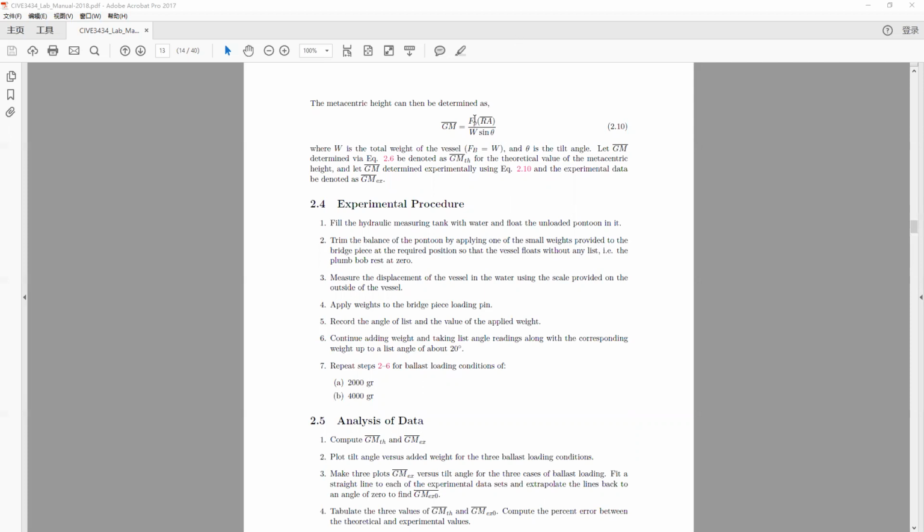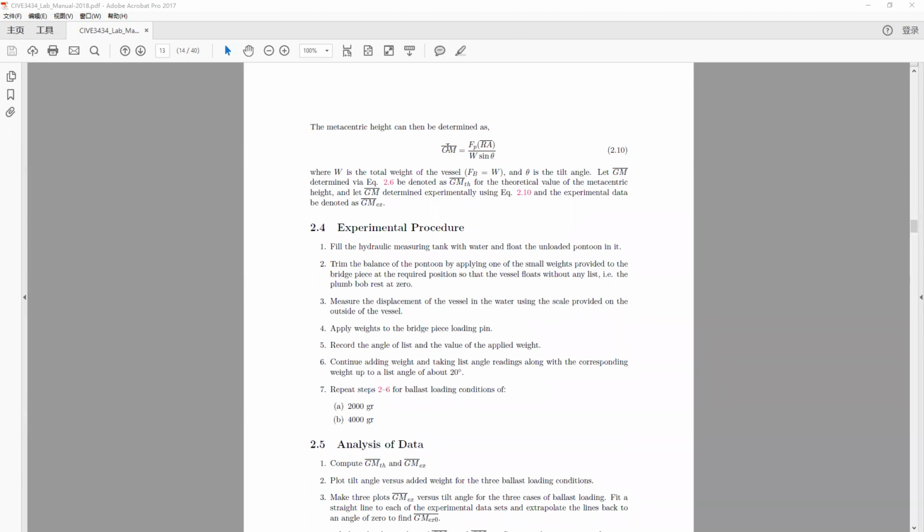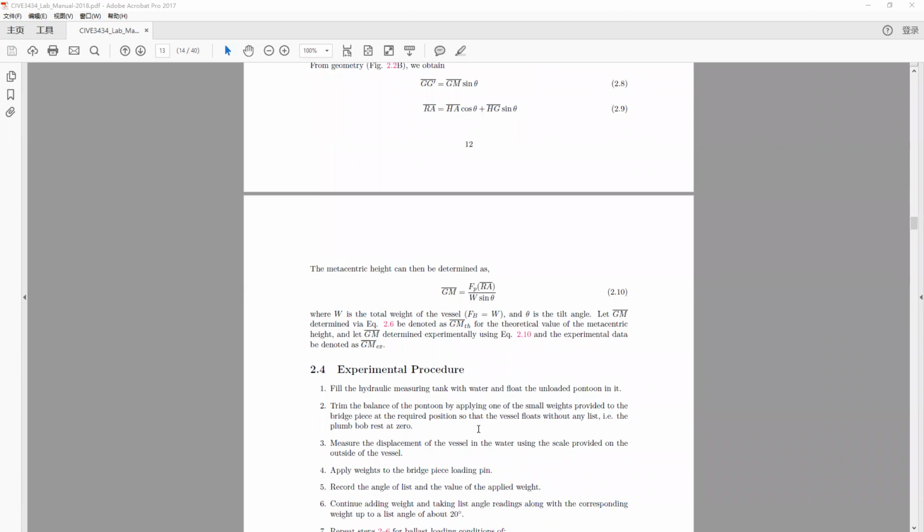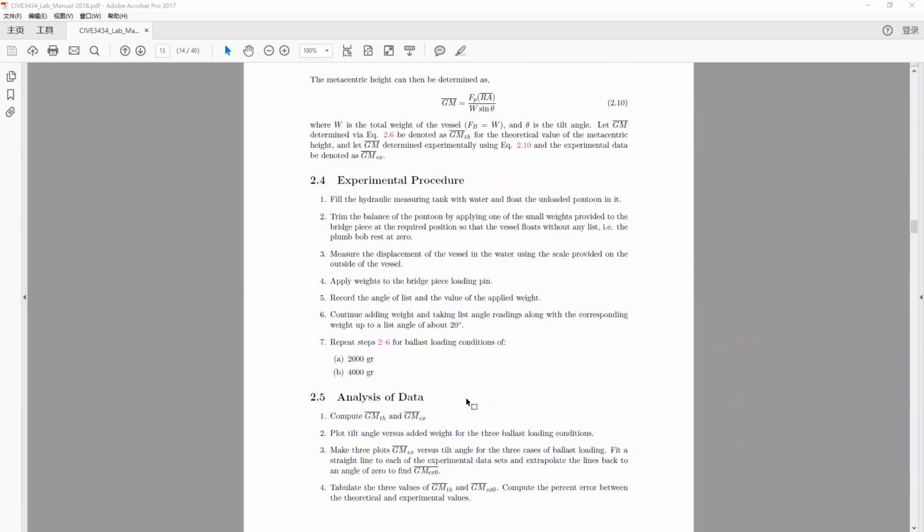So for one mass, you can calculate one FP. FP equals the mass times G. That's your force on the side of the vessel. I think I already mentioned RA in this equation. So GM experimental is just a list of numbers, and you just tabulate them.